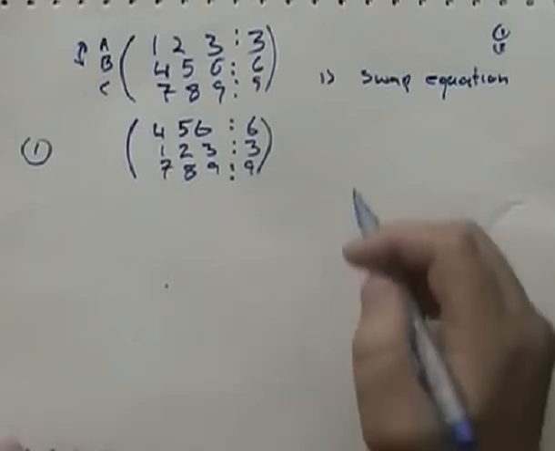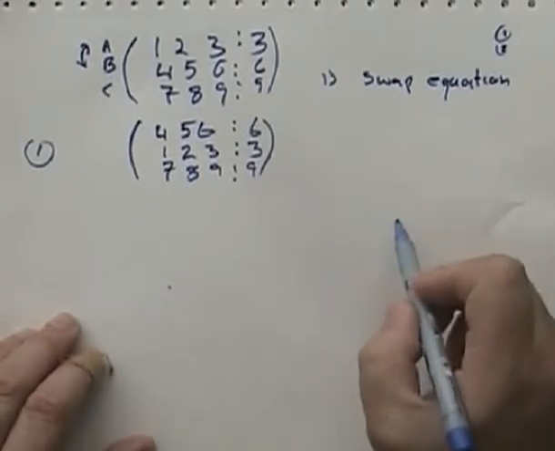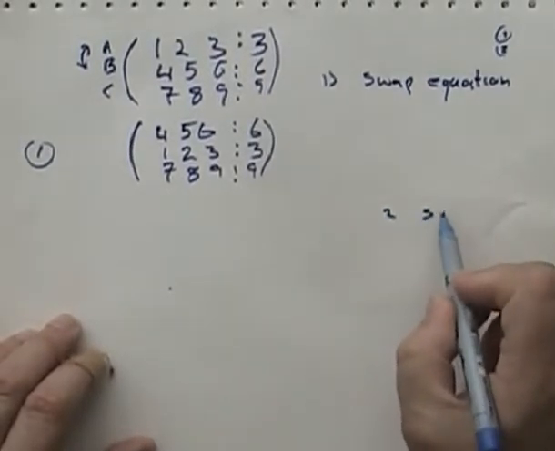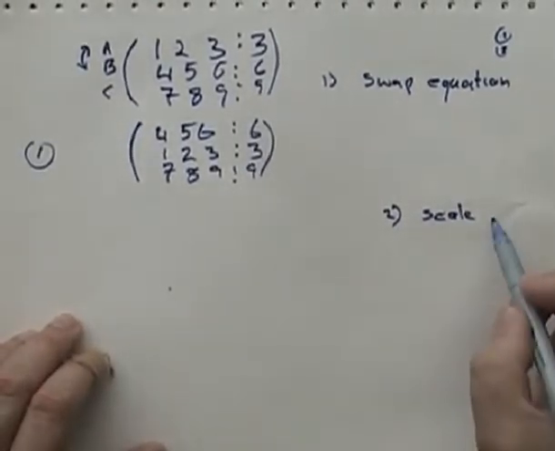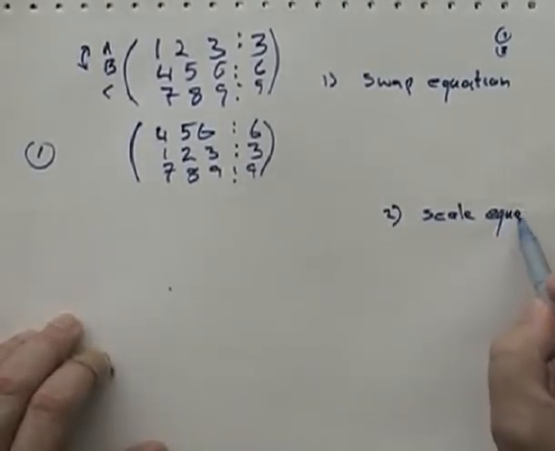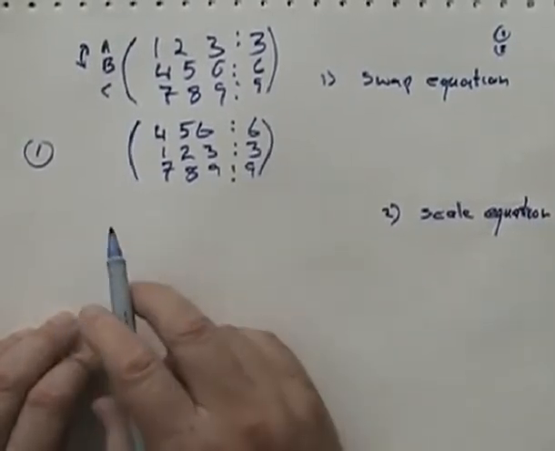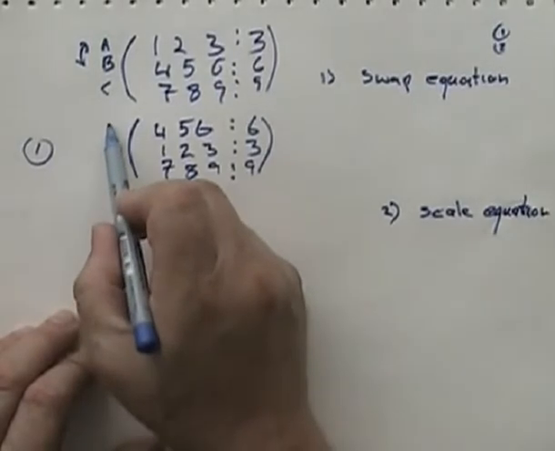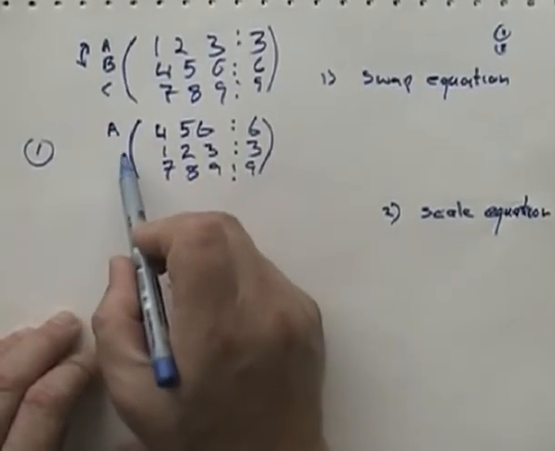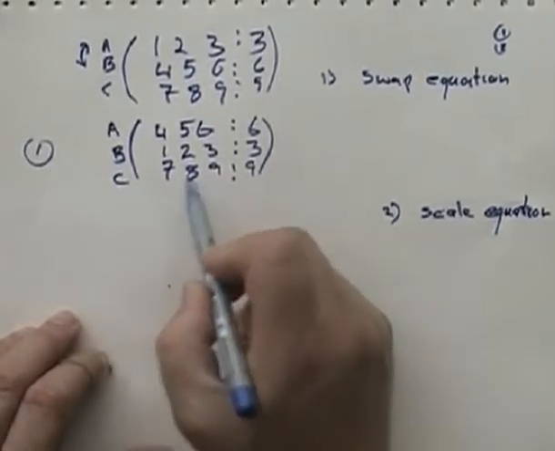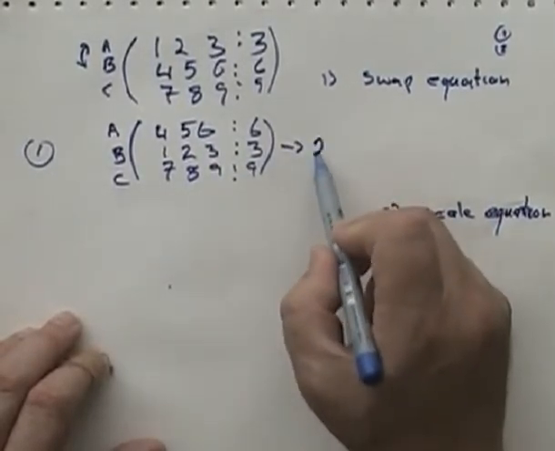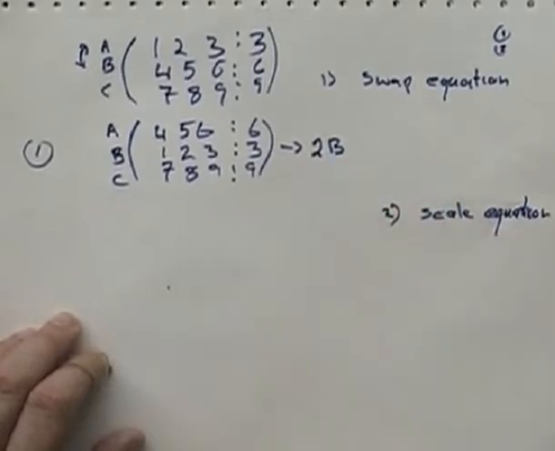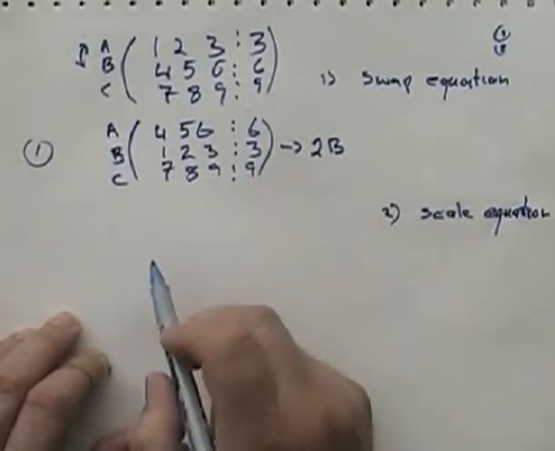Okay, so number 2 is you can scale equations. Basically, we can multiply the equations by a constant or by a number that's not equal to 0. So if this is now A, B, C, I'm going to go, this is going to go to 2 times B. I'm going to multiply that row by 2.